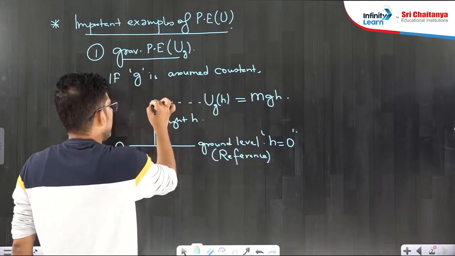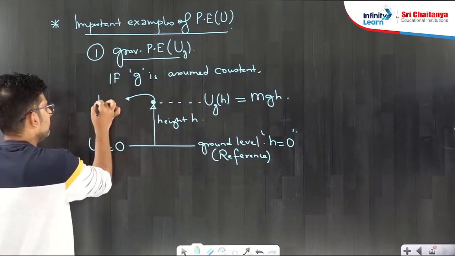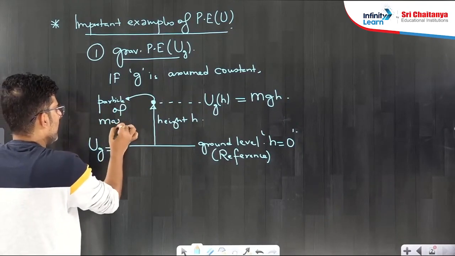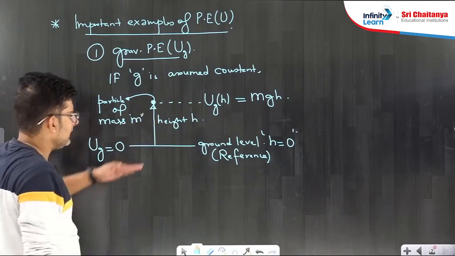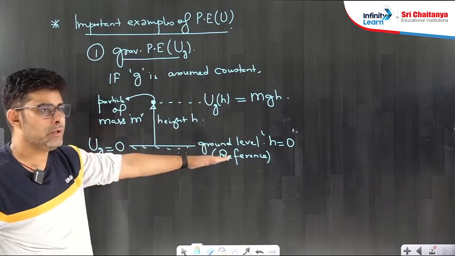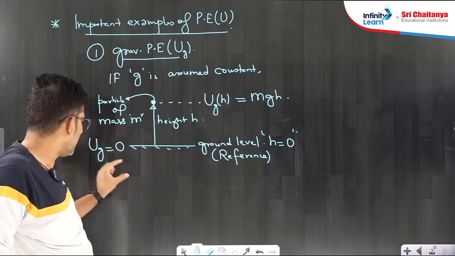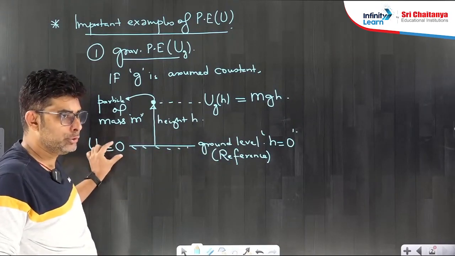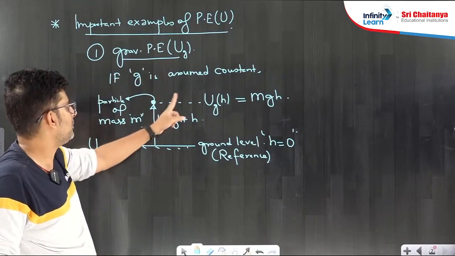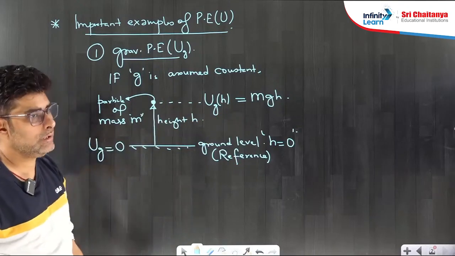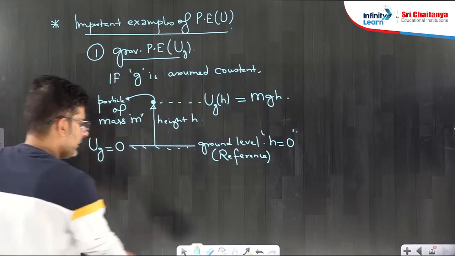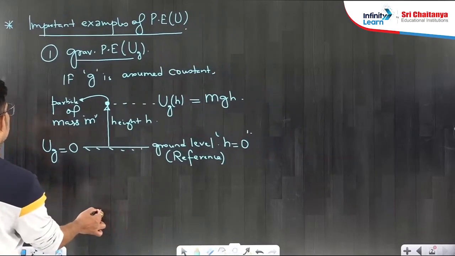So if you take a particle of mass m at a height above the ground, if you are taking the ground as reference, reference means your potential energy value at the ground will be 0. So when you go to a height h, your potential energy will become how much? mgh. Is it clear? This is one of the potential energies which we call as the gravitational potential energy.